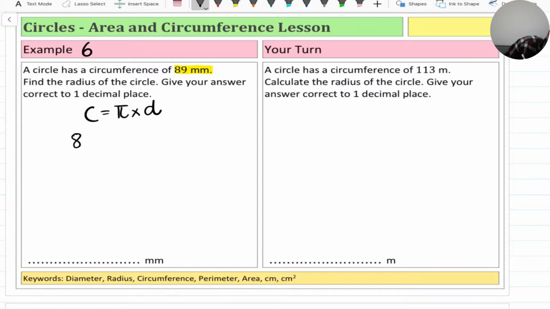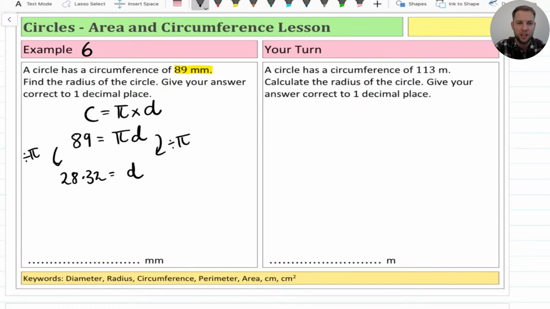So I know that 89 is equal to pi times by d, which is pi d, I should probably say. So to find out what my diameter is, I need to divide both sides by pi. So 89 divided by pi is equal to 28.32 is equal to my diameter.